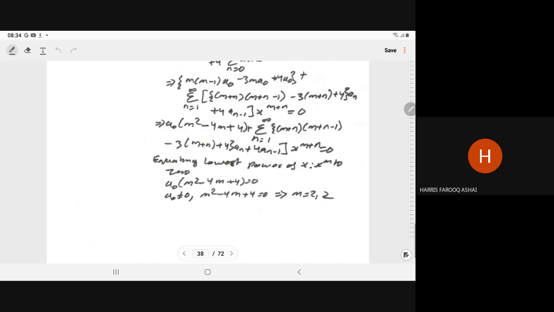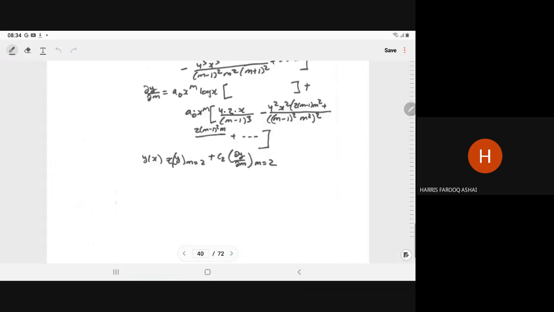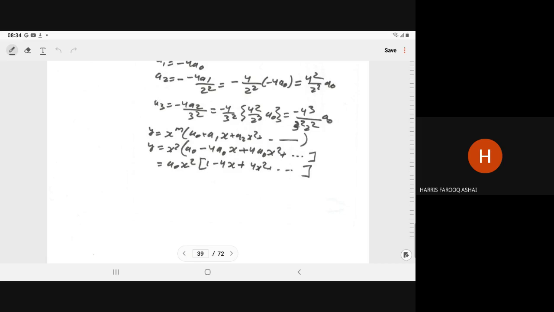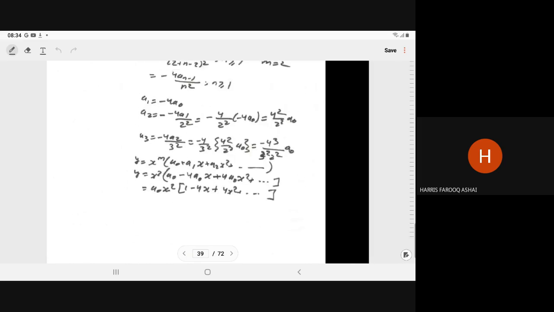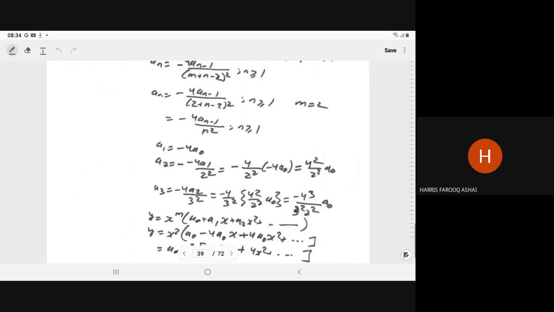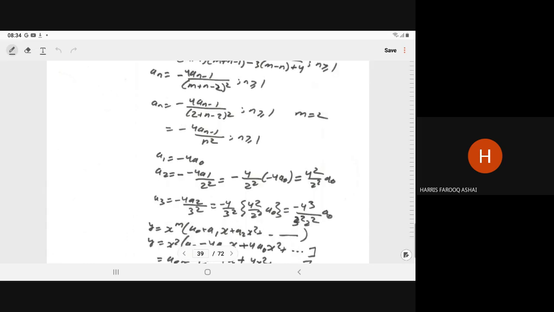So this is the same initial equation we have computed. Here we have the recurrence relation, the same recurrence relation we have computed.